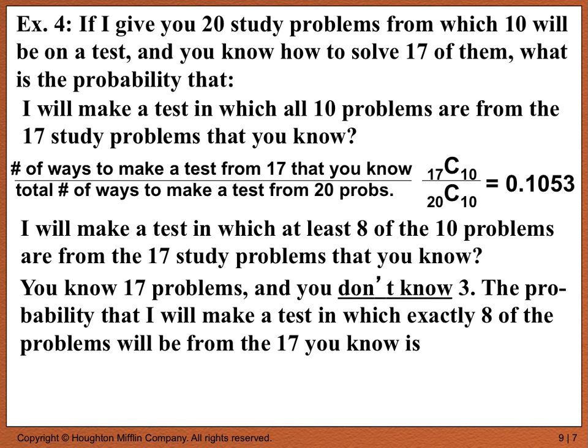And the first part, this is the hint and the first step that I'm walking you through: you know 17 problems and you don't know 3. This is important to keep in mind. There are 3 that you absolutely don't know. The probability that I will make a test in which exactly 8 of the problems will be from the 17 you know is 17C8 times 3C2 over 20C10.